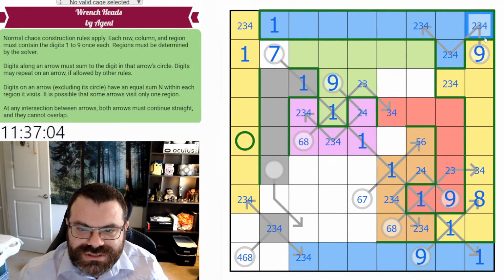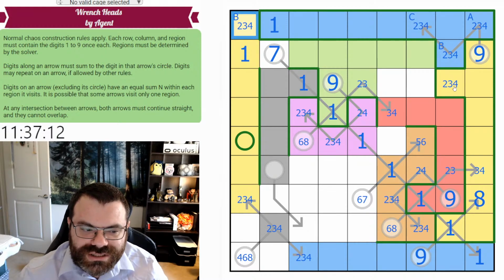Let's say this was A, B, C. Then this is B. But again, I don't know how to continue. Oh, this one's A because of the law of leftovers. So then this is C.